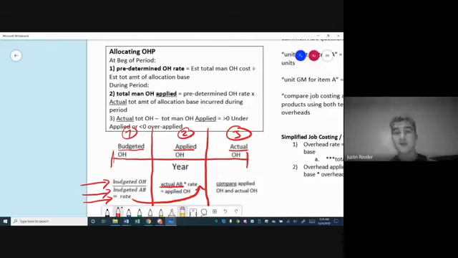Now, in the third step, all you're going to do is compare the applied overhead with the actual overhead. To find the actual overhead, you're just going to have to make a list of all the indirect costs and add them up. Indirect manufacturing costs, I should specify.